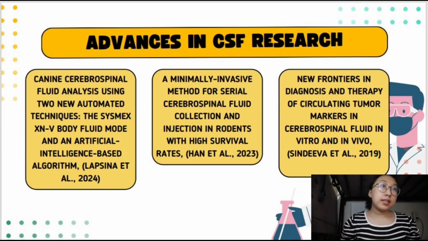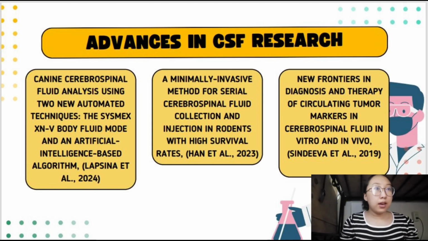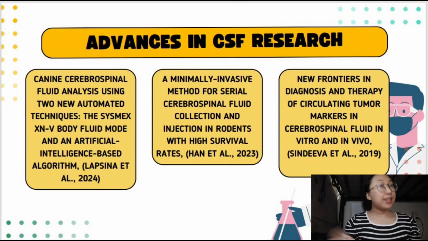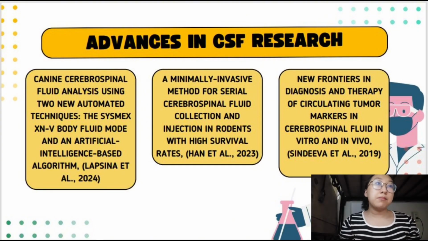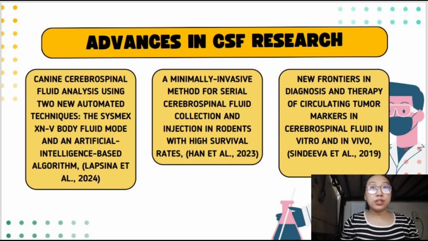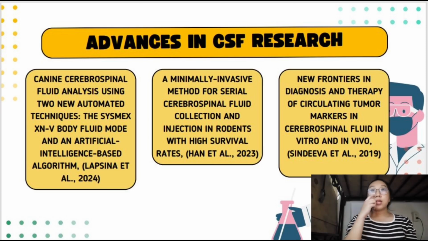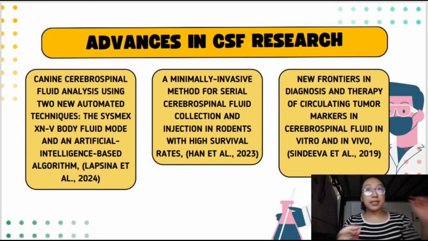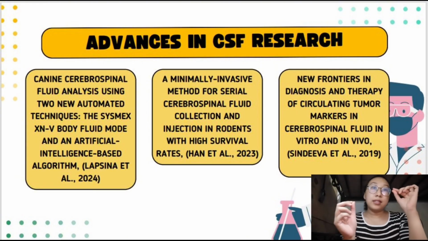So another one is a research from 2023 by Han et al., a minimally invasive method for serial cerebrospinal fluid collection and injection in rodents with high survival rates. So in this research, they found out that you can actually use a 30 gauge needle and bend the needle tip to a 90 to 110-degree angle.